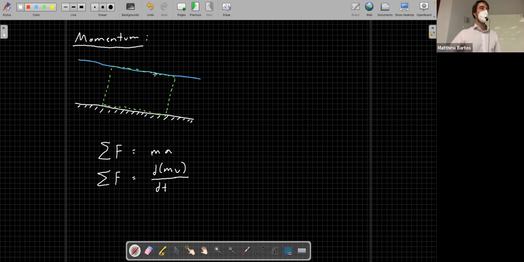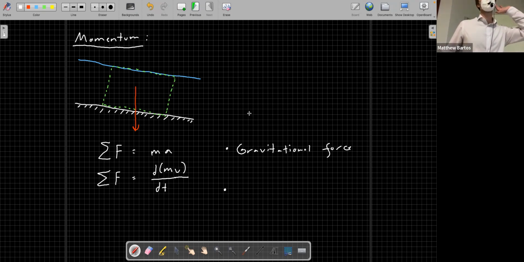Okay, so taking a look at our control volume, let's just brainstorm here. What forces are acting on this fluid control volume here? Gravity, great. Let me write these down. So the forces we have: the gravitational force. What other forces do we have acting on this control volume? Atmospheric pressure, that's true.